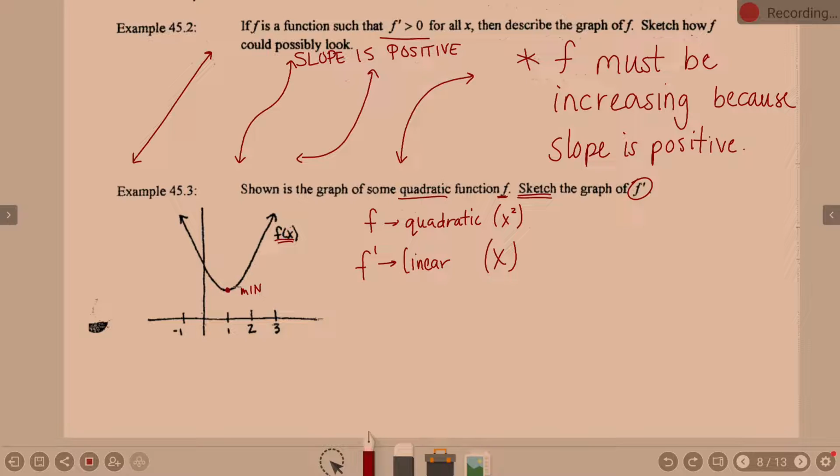So at this point, the derivative will equal 0. So when x equals 1, my derivative will equal 0. Does that make sense? So when I go over here to sketch my graph in a little bit, when x equals 1, my derivative has to equal 0. So the y value will equal 0. Okay?